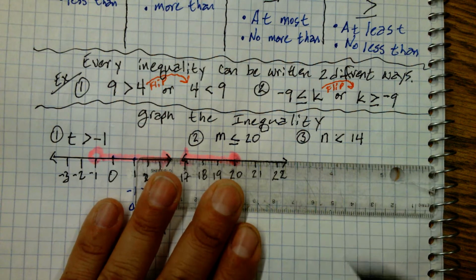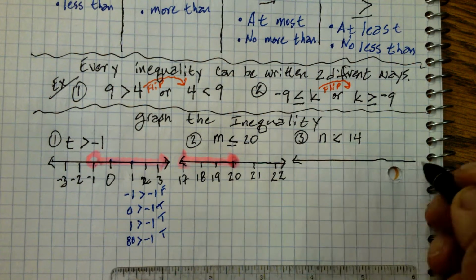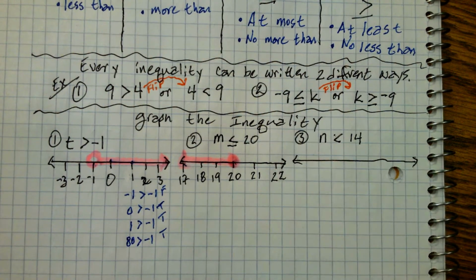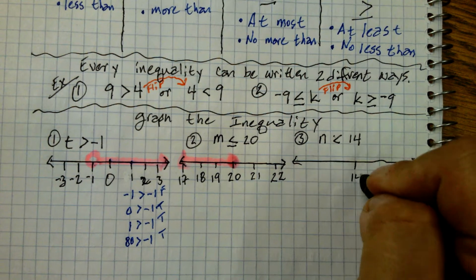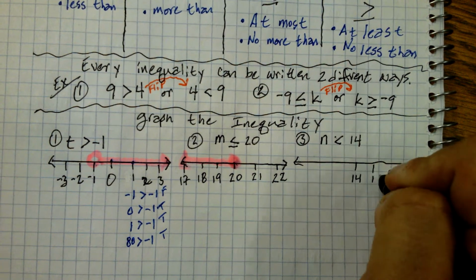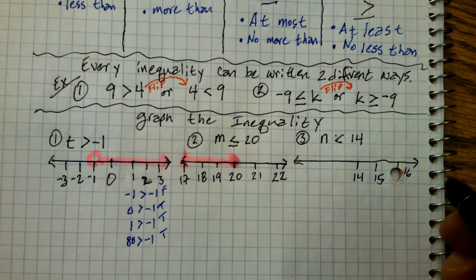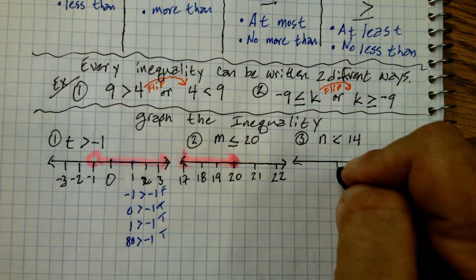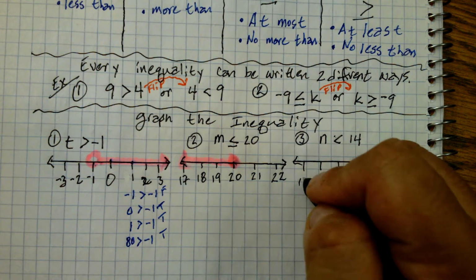I'm going to try to squeeze in another number line here. It's kind of far away from 0, so I'm going to put 14 here. 15, 16, and then 13, 12, 11.